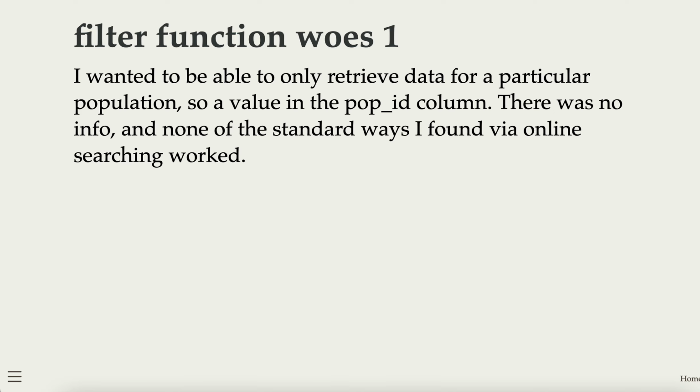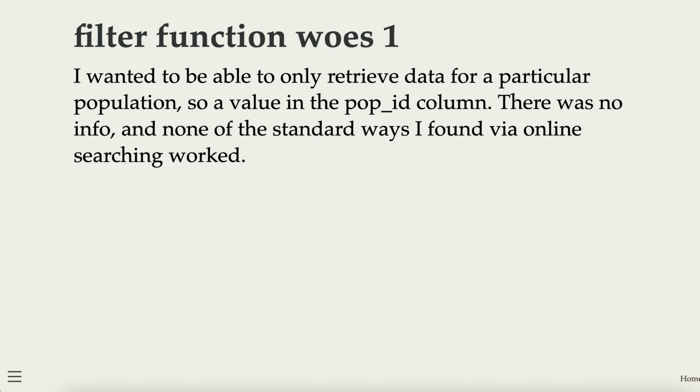Yeah, I alluded to this in my first video, that this REST API seems to have been designed mainly for people to push data up and not really for people to pull data down. So there wasn't any information about how to do that filtering. I did a lot of Google searching, and nothing I could come up with worked.